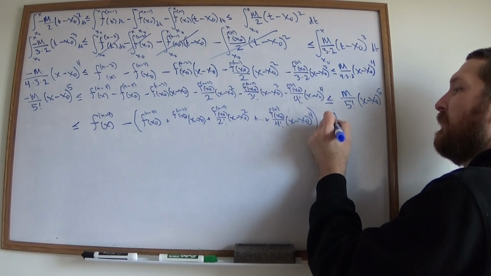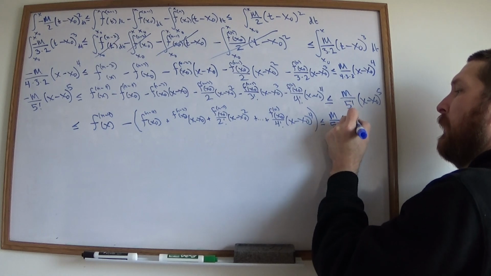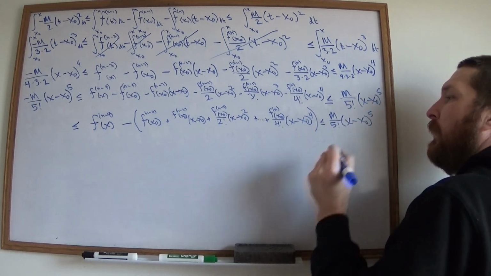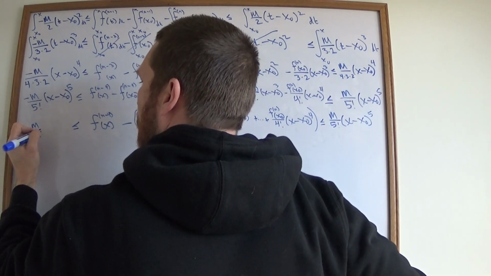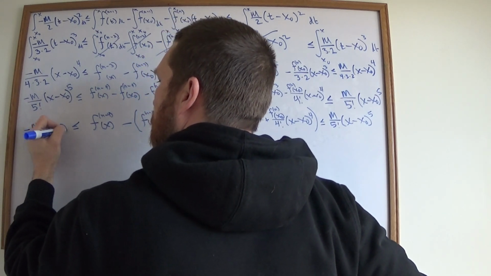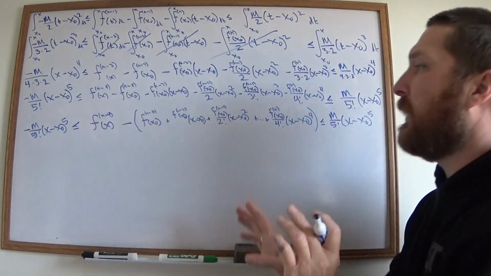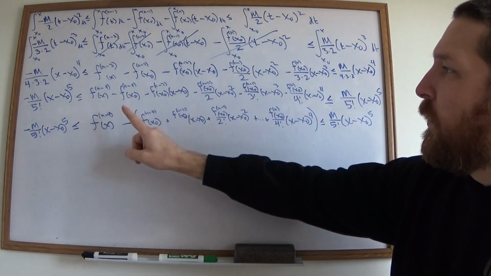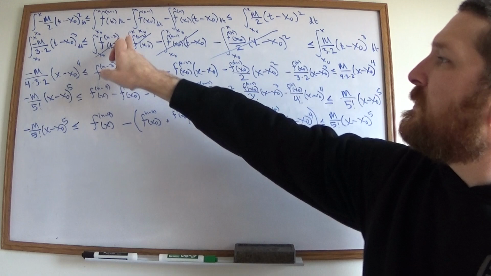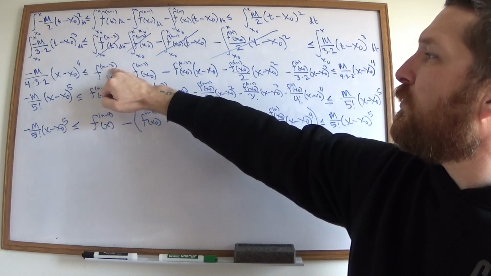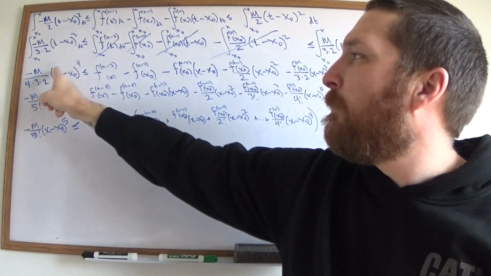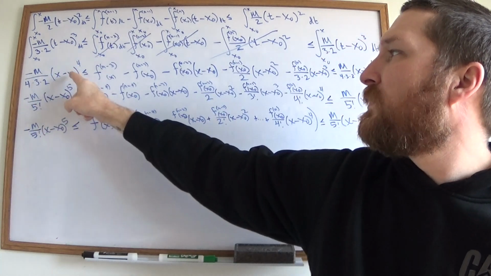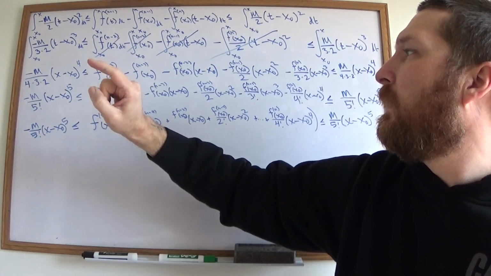Let's see if we can figure out a pattern now. Negative f over 5 factorial, x minus x0 squared. So, okay. When it was n minus 3, our bound was raised to the 4th power.